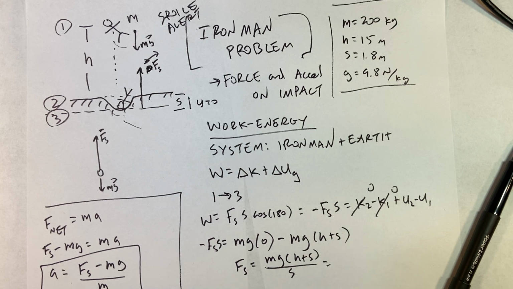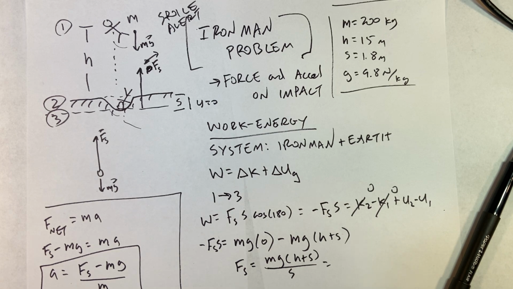Okay, I am writing this up. m equals 200, g equals 9.8, h equals 15, s equals 1.8, and so Fs equals m times g times h plus s divided by s. And then a equals Fs minus m times g divided by m.